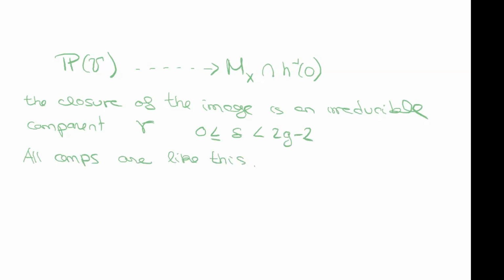Regarding the wobbly locus, what happens in this case? Well, it's not hard to see. And this works for any rank. Now, what we want to see, so we have the moduli space of bundles and we have some component here flowing down to it.